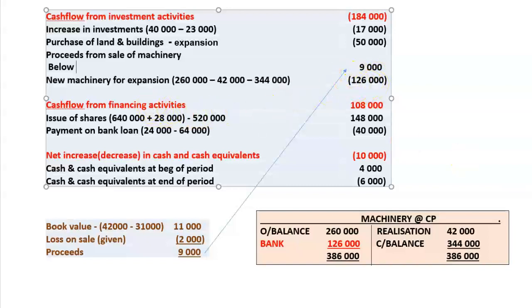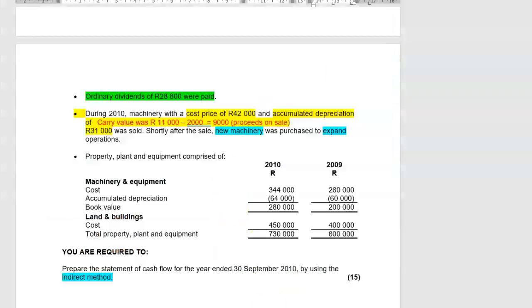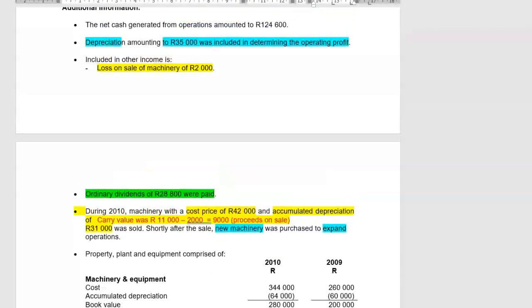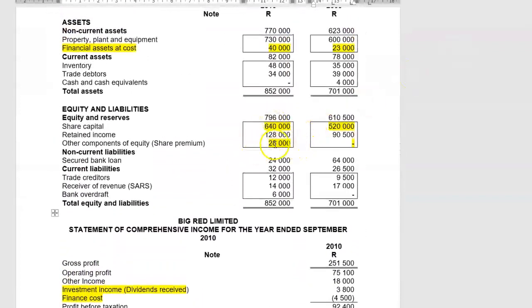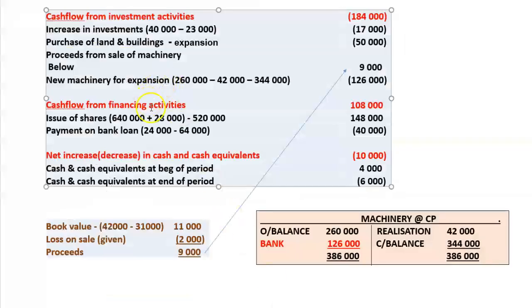Issue of shares. We did quickly talk about the issue of shares. And we've said that obviously they had par value shares and they have issued it at a premium. So I'm going to compare 668,000 Rand, the two of them together, with the 520,000 previously held, and that is going to be my increase in my shares of 148,000.